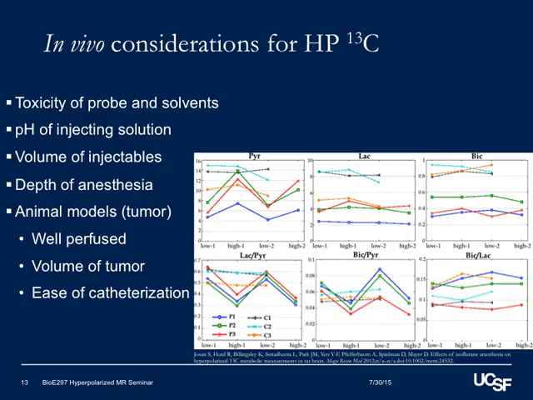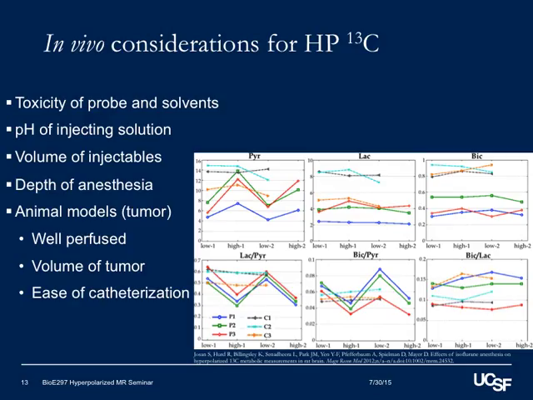So in order to account for the differences in polarization and the differences in the time it took us to do the experiment, we always express our product as a ratio of our substrate. So lactate to pyruvate or bicarbonate to pyruvate is how we represent our data. So if the pyruvate levels are changing with the depth of anesthesia, then it's a major concern about how you represent your data, how deep your anesthesia is, and again, the organ you're studying.